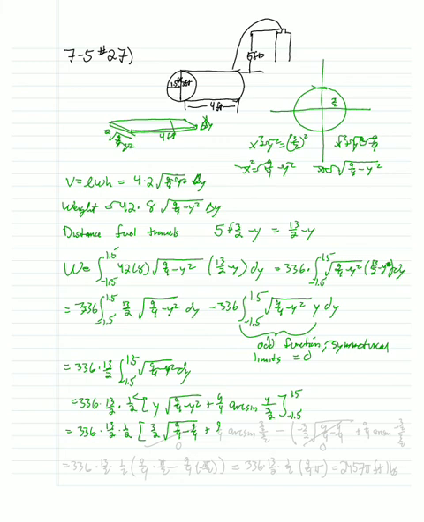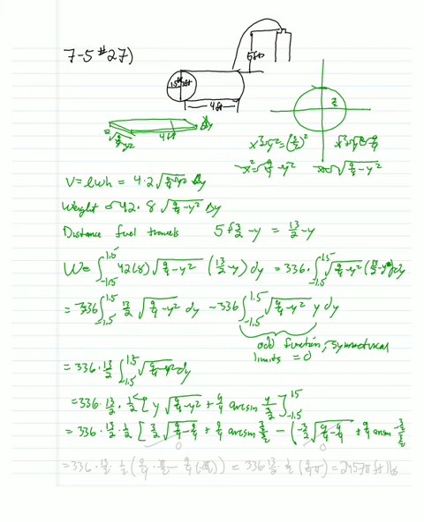Plus 9/4 arcsine of 3/2 over 3/2, minus negative 3/2 times the square root of 9/4 minus 9/4, plus 9/4 arcsine of negative 3/2 over 3/2.